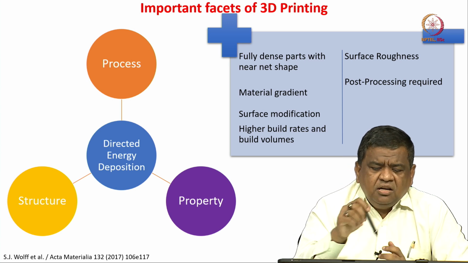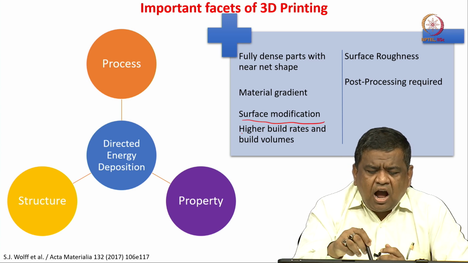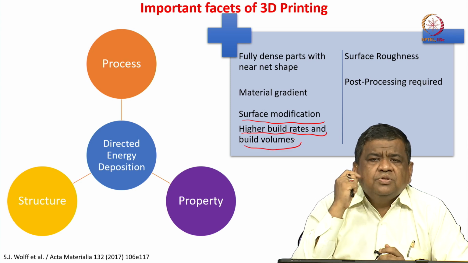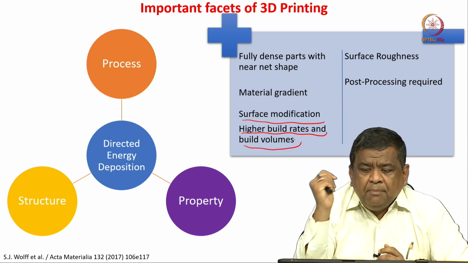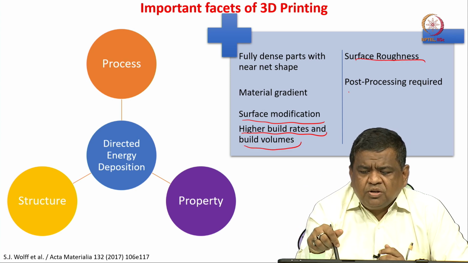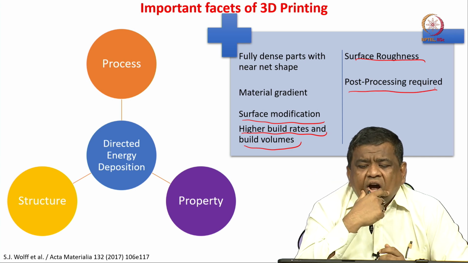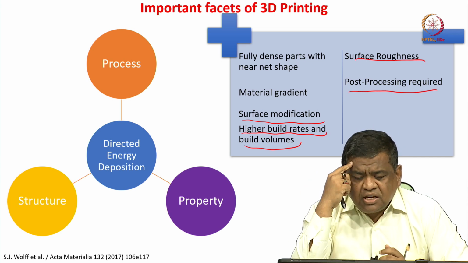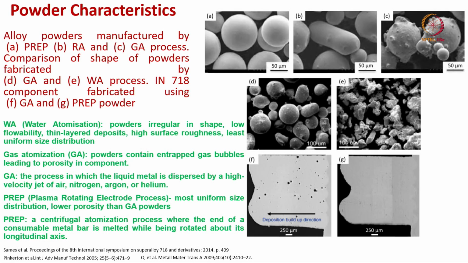Material gradient, surface modification, higher build rates and build volumes are also important. And then surface roughness and post processing are also required. These are the major disadvantages of some of the laser based additive manufacturing techniques.